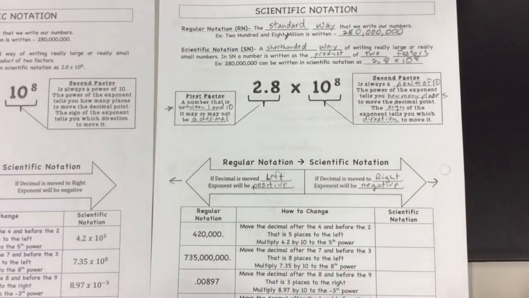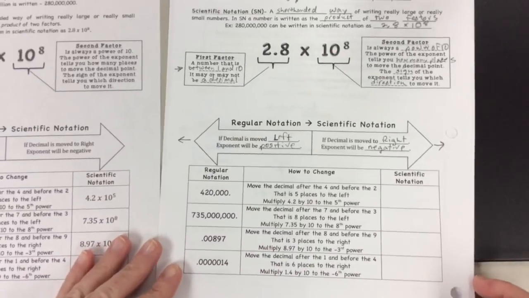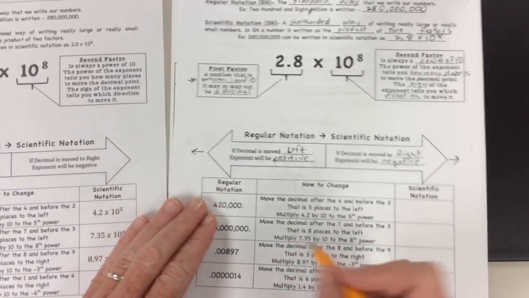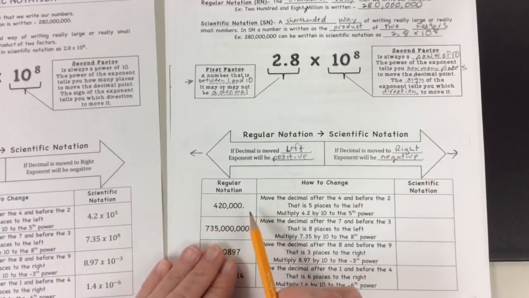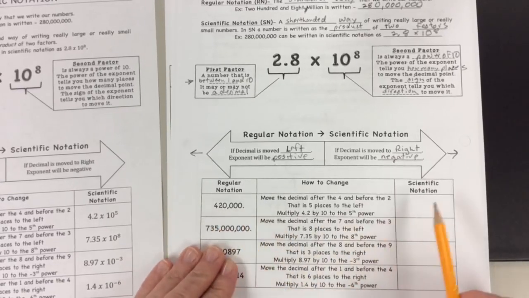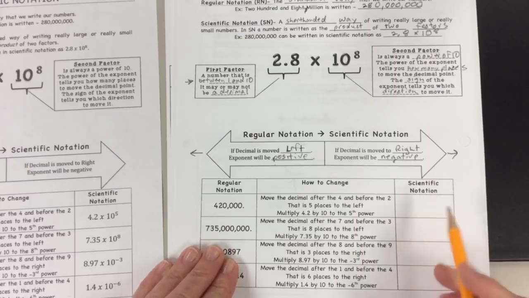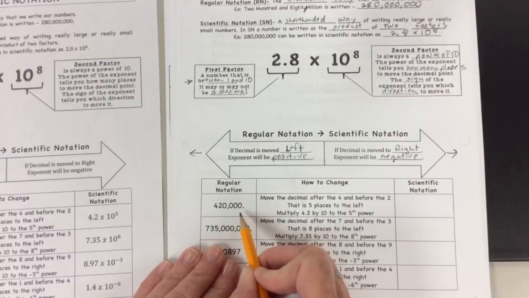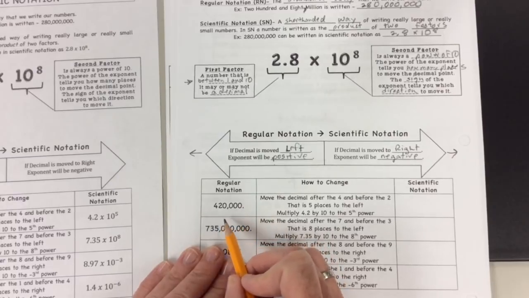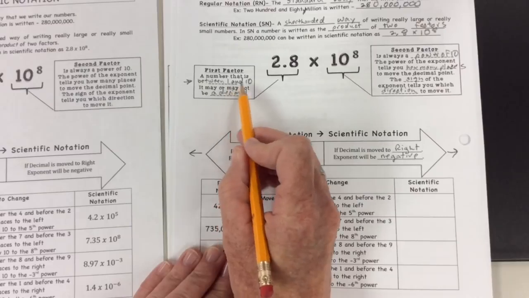Now let's practice some of this. So this is a regular number, 420,000. We want to change it to scientific notation. So you want to start at the end and move the decimal till it gets to a number that's between 1 and 10.